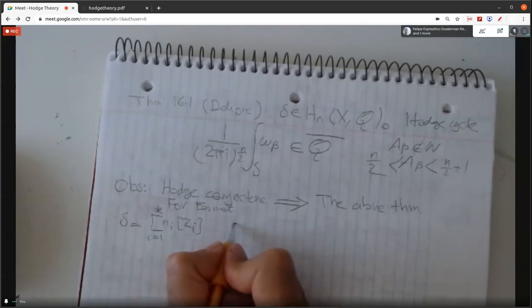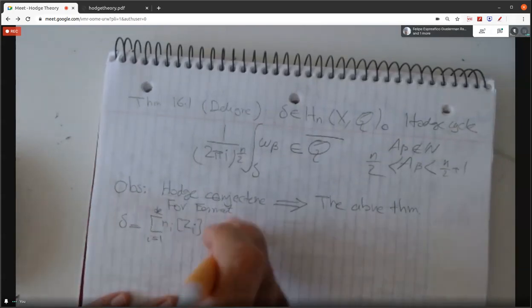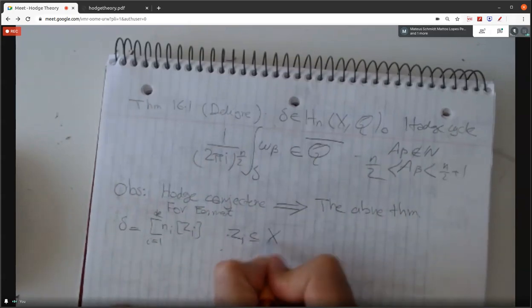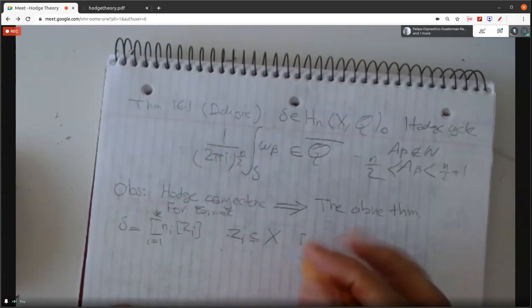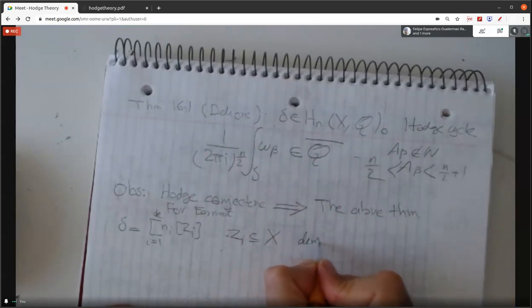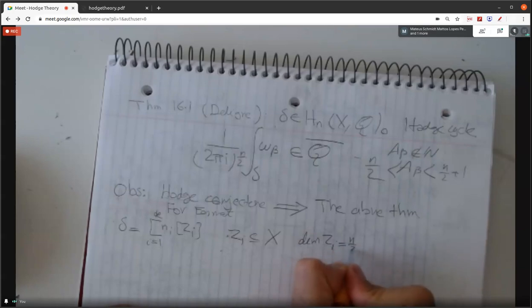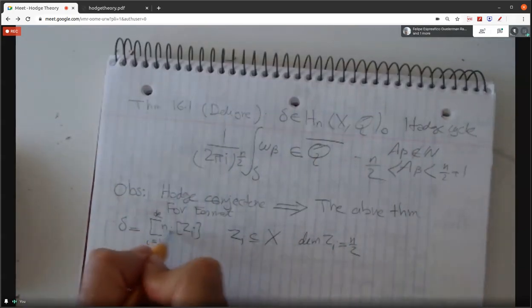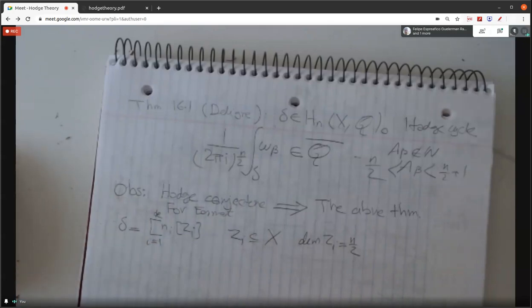Zi inside X, and the dimension of Zi is n/2. So if the Hodge conjecture is true, then delta will be supported in algebraic cycles.